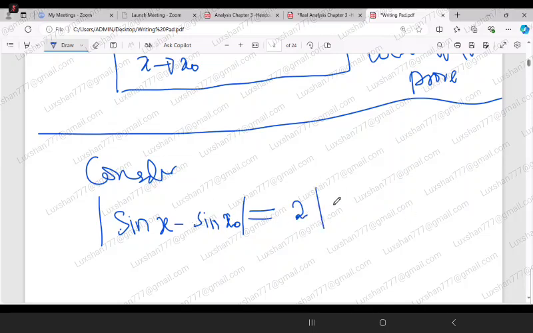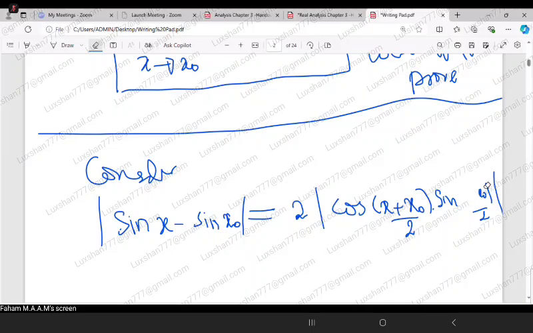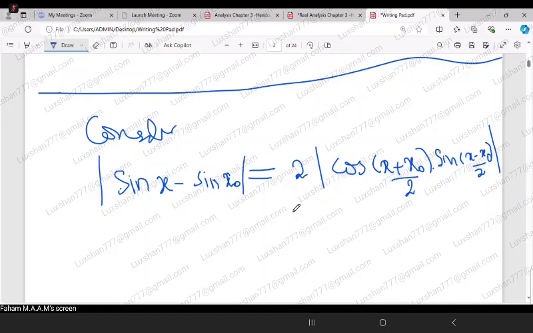So that is equal to 2 times cos of (x plus x naught) by 2 into sin of (x minus x naught) by 2.